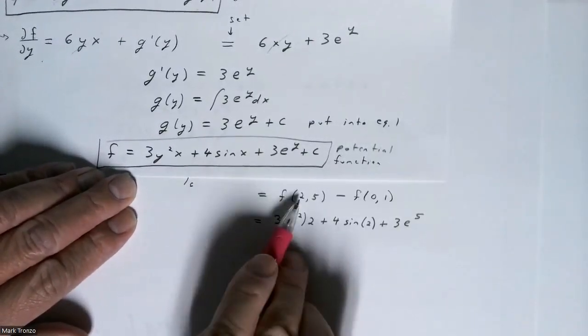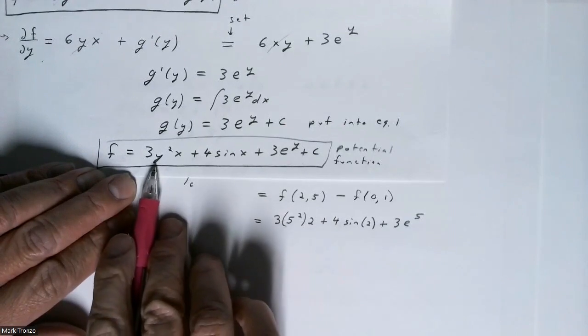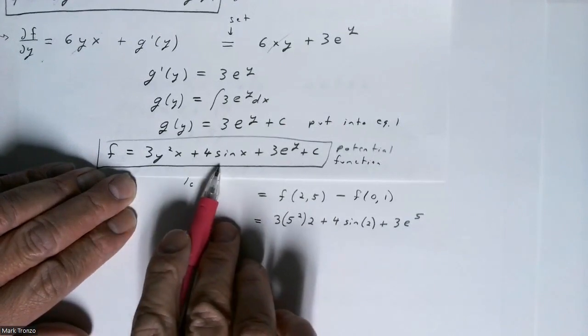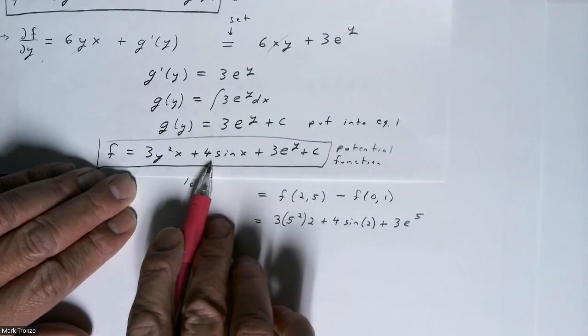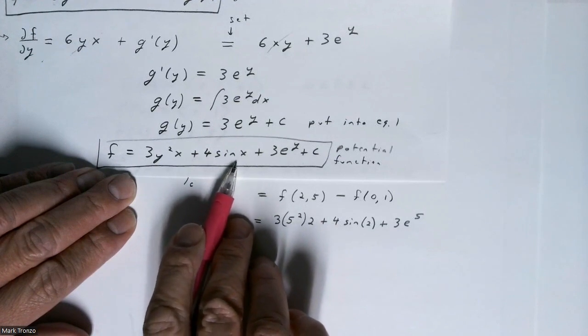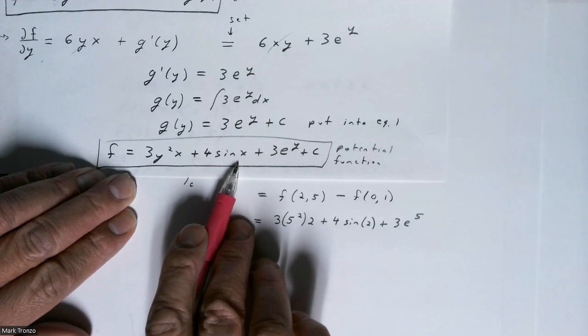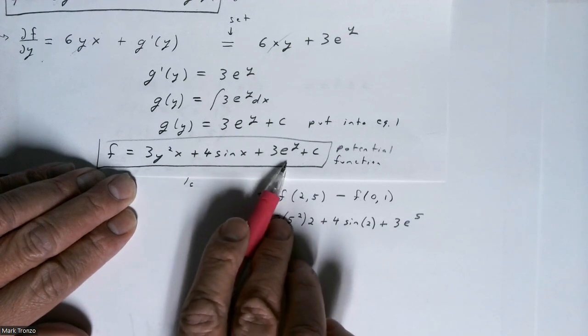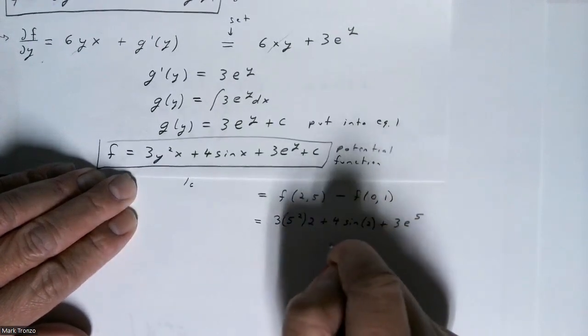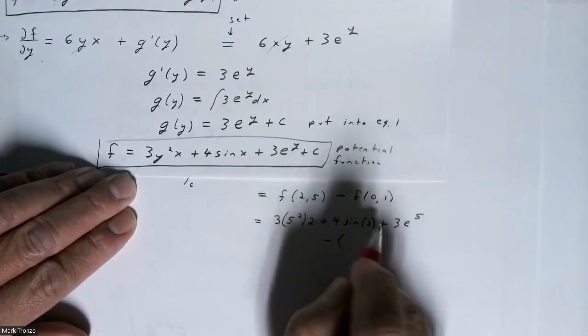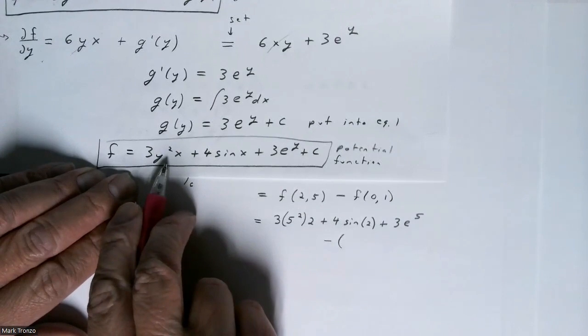So that was putting 2, 5 into our function. Just double check, be sure I did everything correctly. That looks correct.